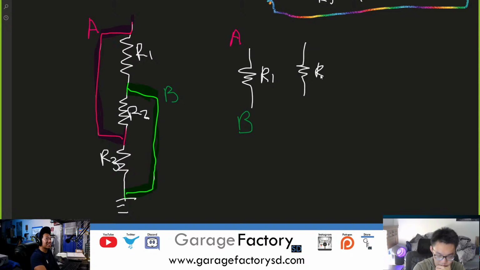Yeah, but there one end is A and the other end is B, right? Oh yeah, that's true. And then it's three resistors in parallel together.